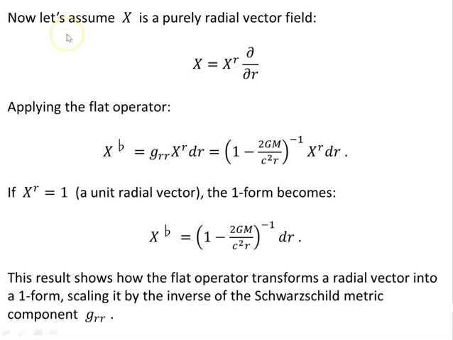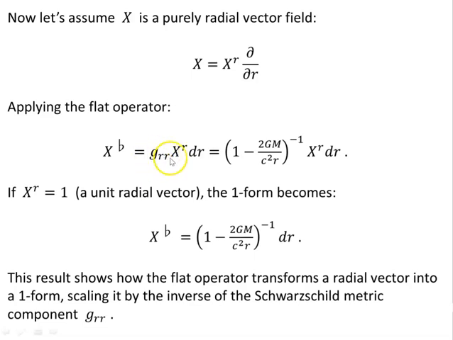So to demonstrate that, let's just take a simple case. Let's assume x is a purely radial vector field. X now is just in the radial direction only. So we have some vector pointing in the radial direction, scaled by this component xr. Applying the flat operator, x flat is grr xr dr, or just the flat of that whole thing, which I haven't written here, but I've written now in terms of its components.